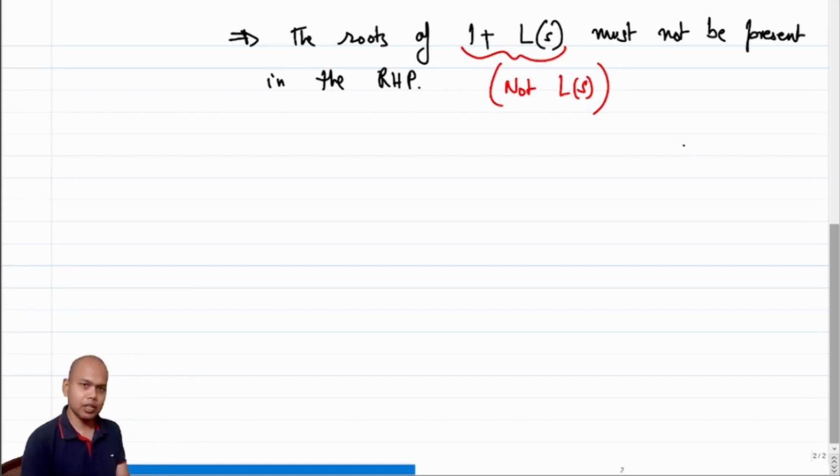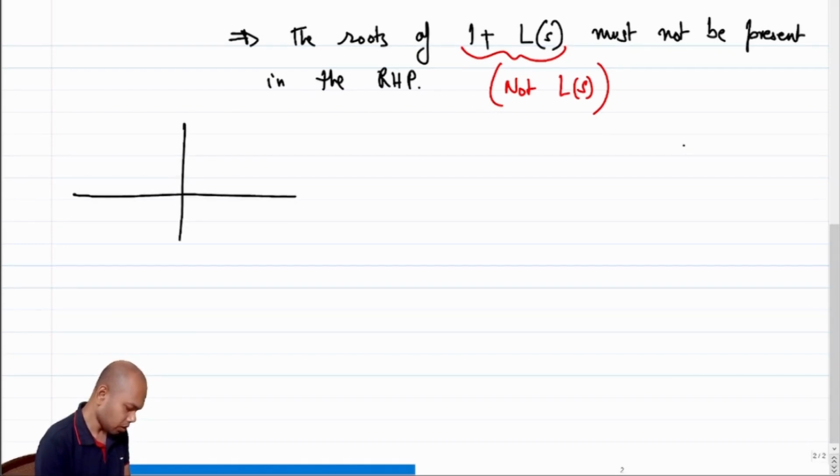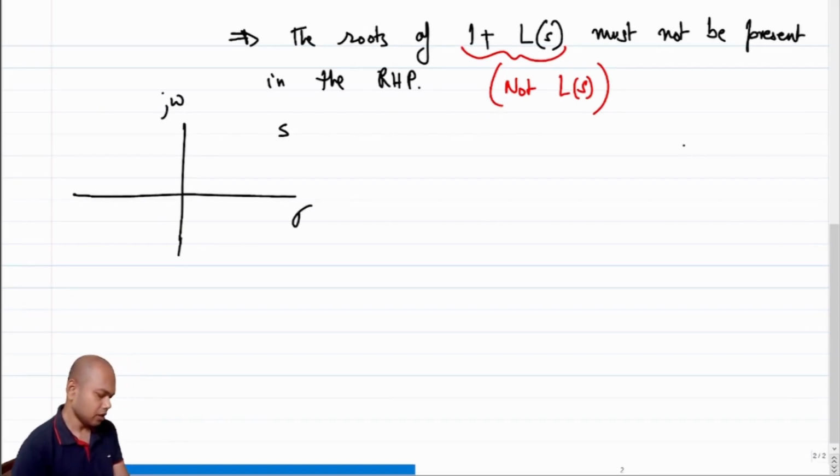Let me take you through a quick refresher of Nyquist criteria from your undergraduate control system courses, and it essentially says the following. So let's say I have the S plane, that is sigma j omega. What are we looking for?